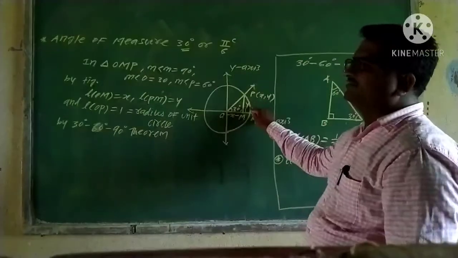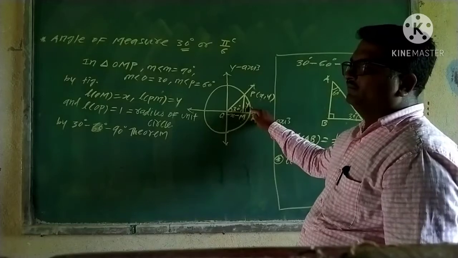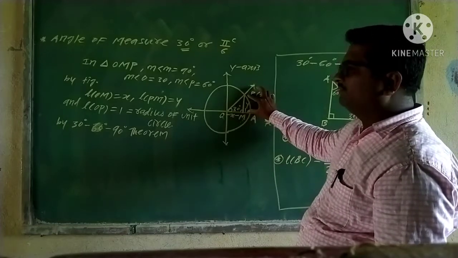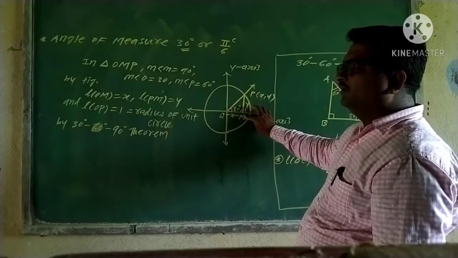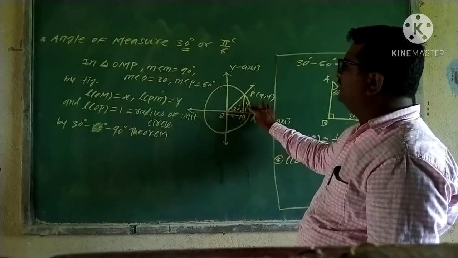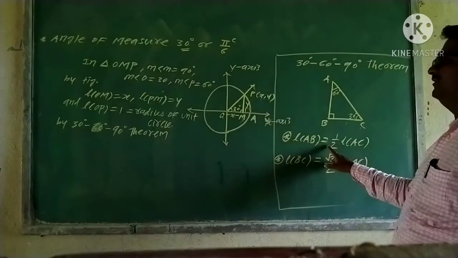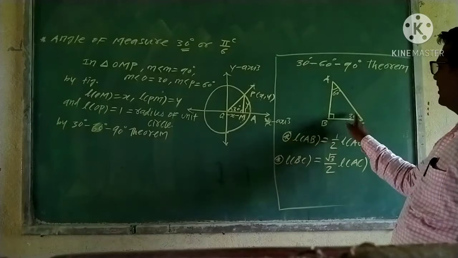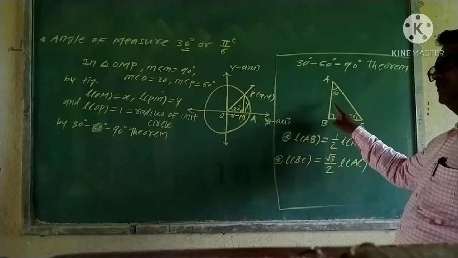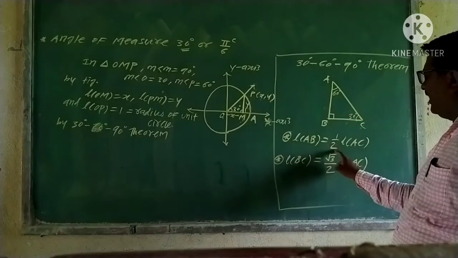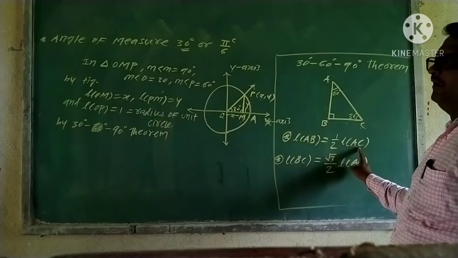Now you see in this figure, we have y, that is PM, which is exactly opposite to the 30 degree, and by this 30-60-90 theorem, the side which is opposite to the angle of measure 30 degree is equal to half the length of the hypotenuse.